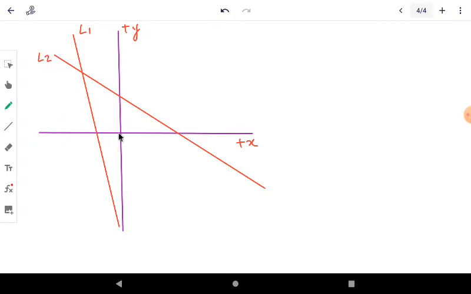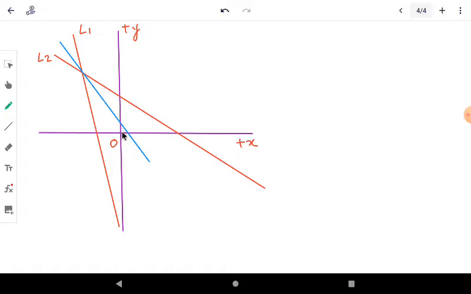Now as you can see, this is the origin. Now if I draw another line, which is what I call the acute angle bisector. See, this angle is acute, this is acute, so the acute angle bisector would be somewhat like this, guys. So this is the acute angle bisector, and as you can see, this is containing origin in this case.